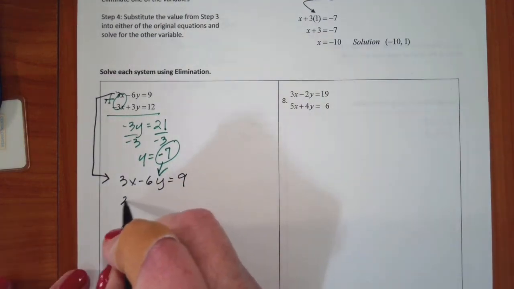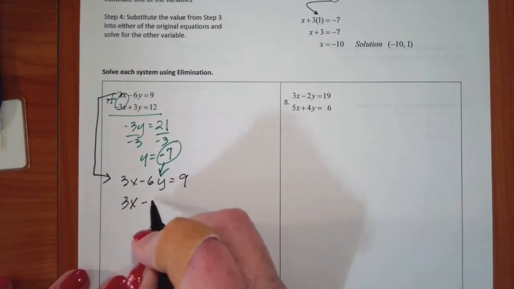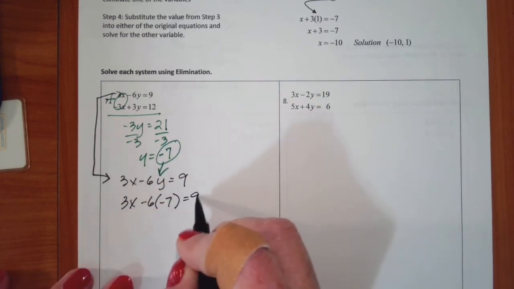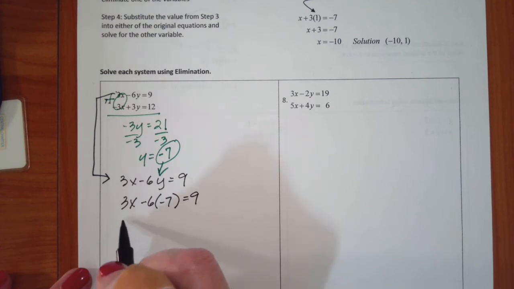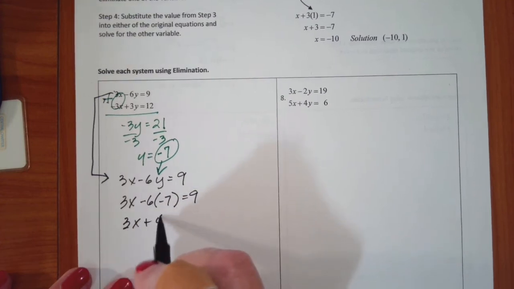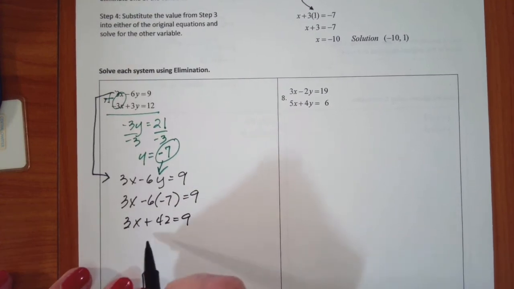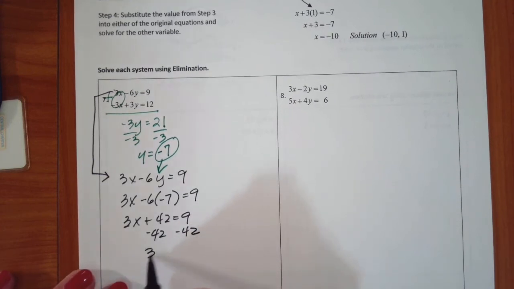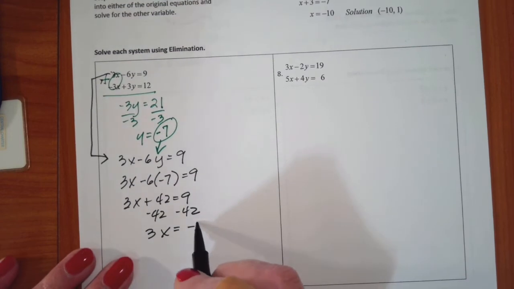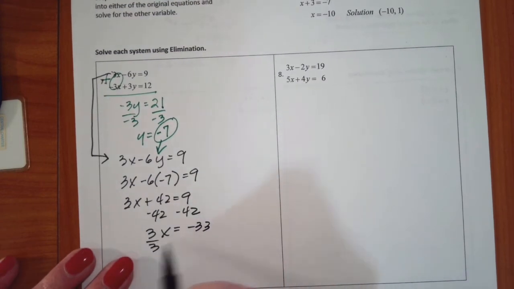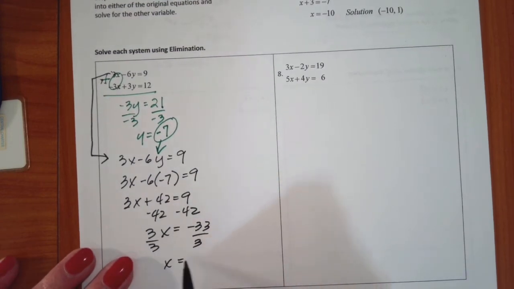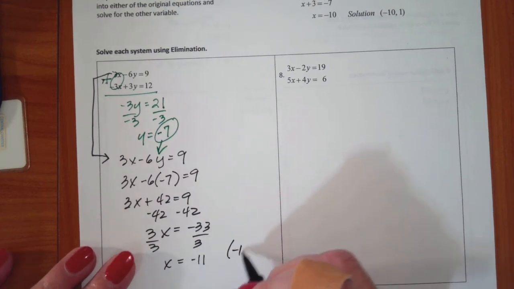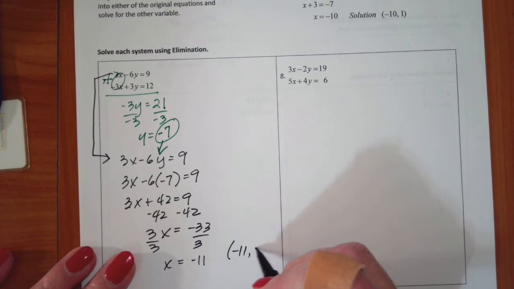So that gives me 3x minus 6 times negative 7 is equal to 9. 3x plus 42 is 9. If I subtract 42 from both sides, I get that 3x is equal to negative 33. And finally, I get that x is equal to negative 11. So my solution is negative 11, negative 7.